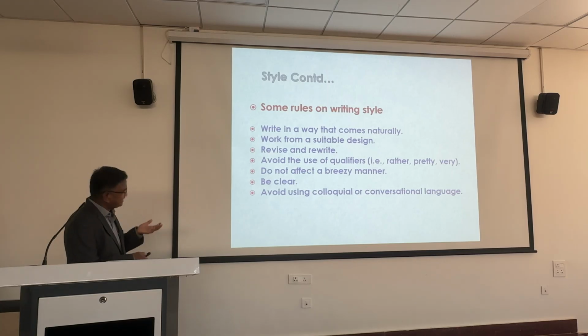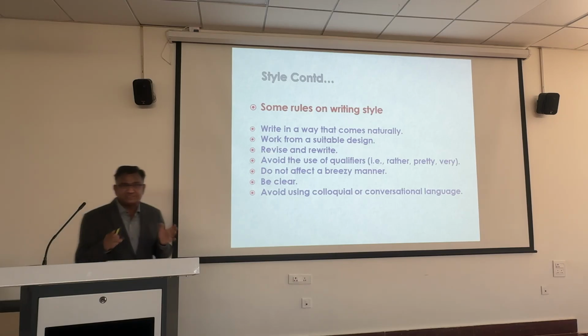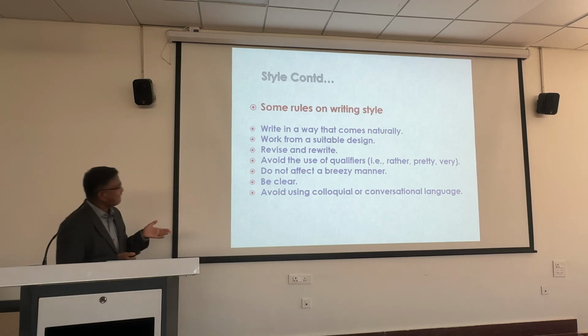It should be a very breezy manner, be clear, very important. If you have not understood anything, please don't write a sentence. Discuss with your supervisor, your colleagues, our fellow students, and try to understand first. We should be clear before we propose to others. So that is the meaning.